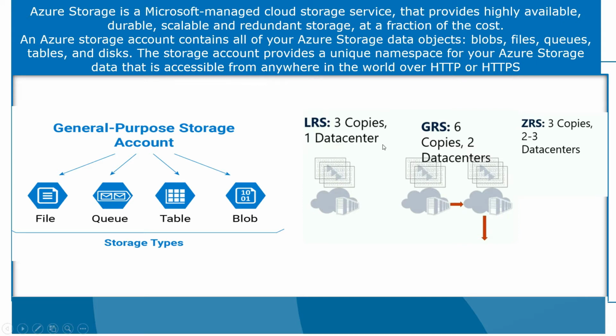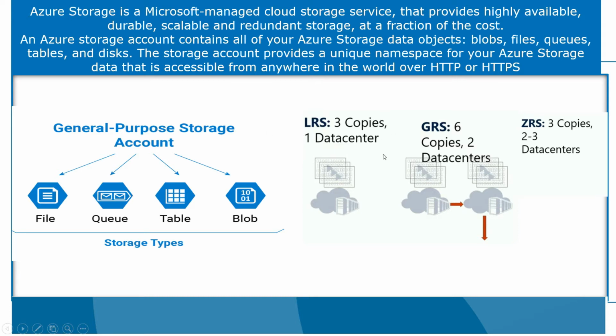LRS means it has one data center, and LRS is locally redundant storage. It makes three copies of your data, and it works in one data center. Suppose I have one document and I put that in locally redundant storage LRS in one data center, the South data center in India.